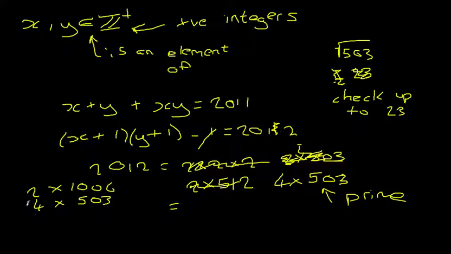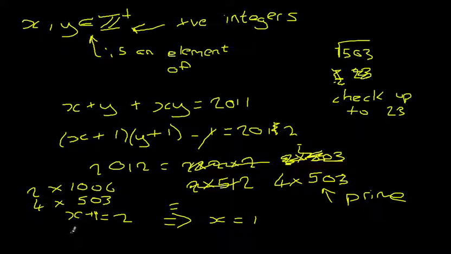So again, looking back to the question, find all possible pairs of positive integers whose sum and product add to 2011. So we could have x plus 1 equals 2, which implies x equals 1.